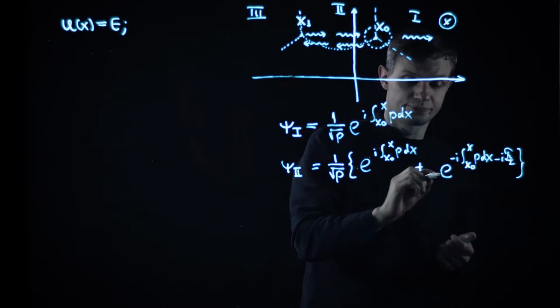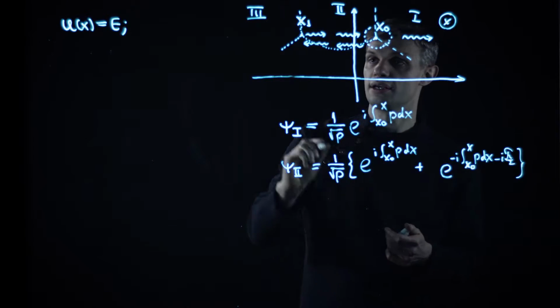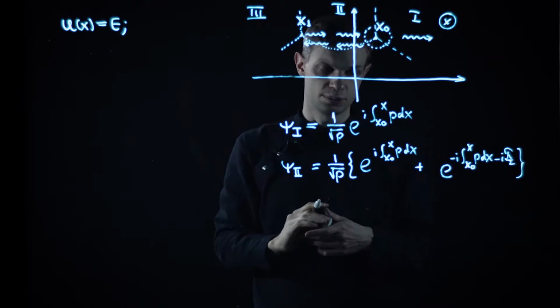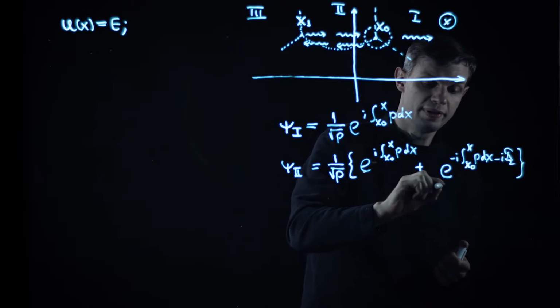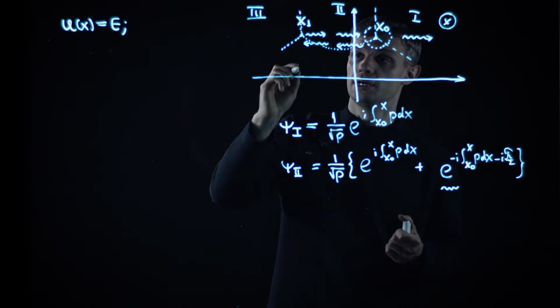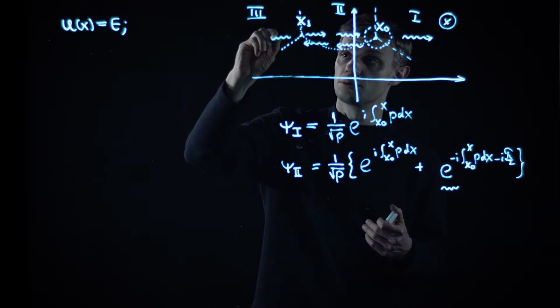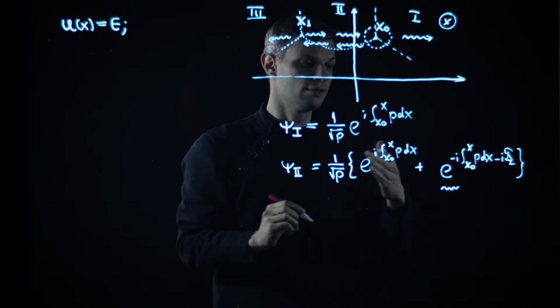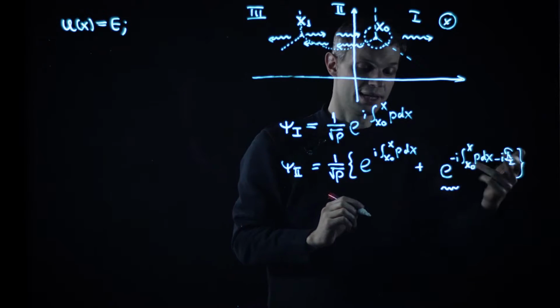Right. Let's figure out what is happening with both of these waves in the vicinity of the turning point x1. It will be your homework to show that the reflected wave is turned again into the reflected wave when we turn to region 3. So there is no reappearance of the wave with plus sign.